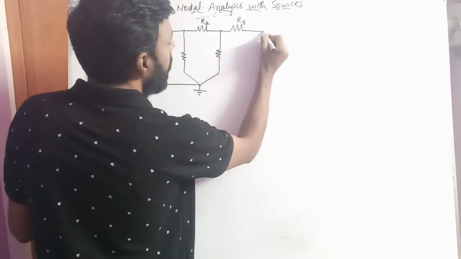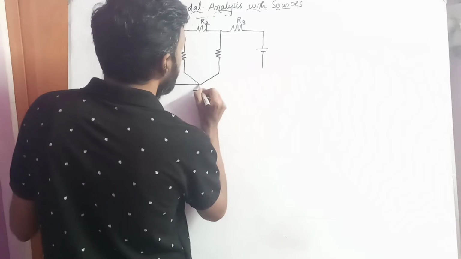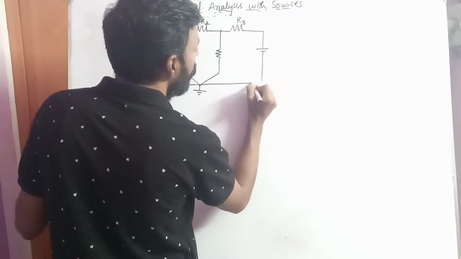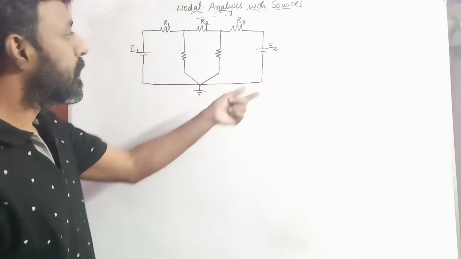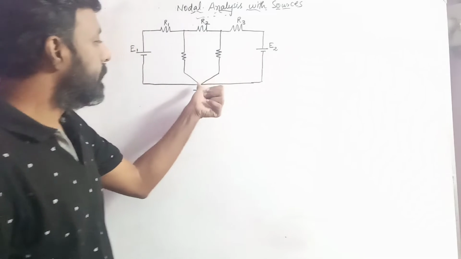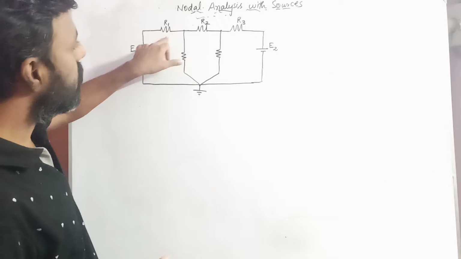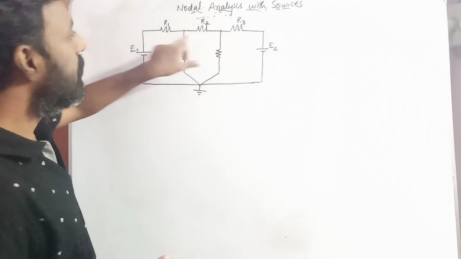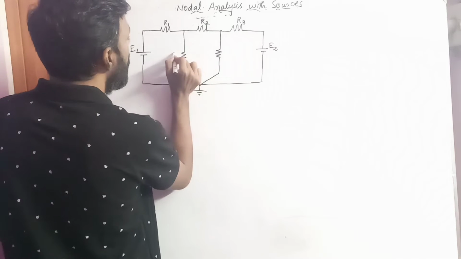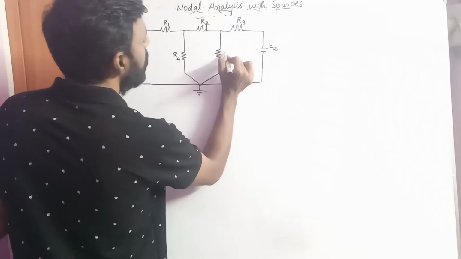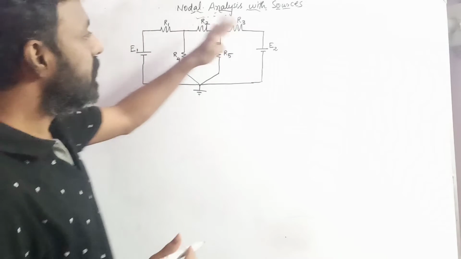Again I am connecting another battery source, and I am connecting the negative terminal of the second battery, which has an EMF of E2, to the datum node. So this is R1, R2, R3, and this one will be R4, this one R5. Right? So this is the setup.